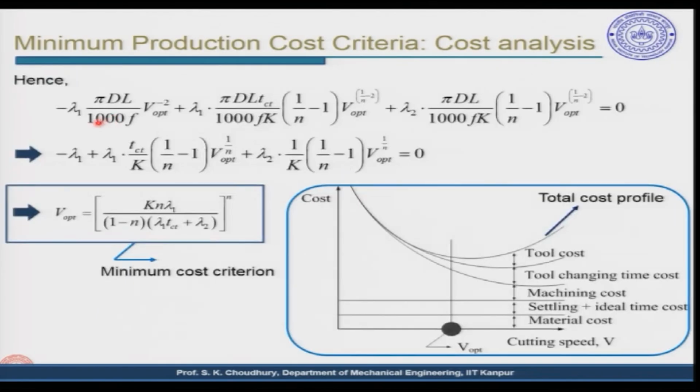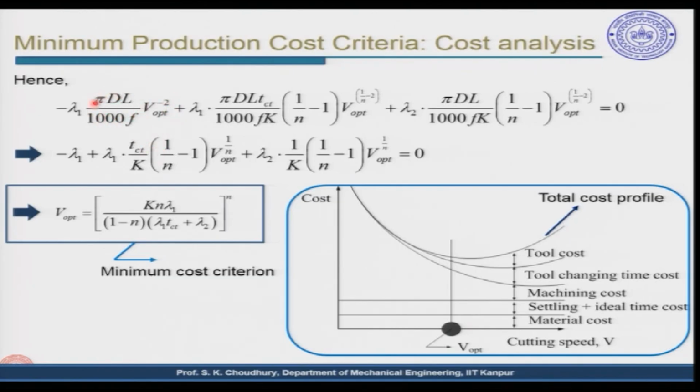So, then if we rearrange them and make them equal to 0, all the V velocities that we will be getting here are the optimum velocities, because we have taken the first derivative of this equation and we are equating it to 0. Therefore, we will write V optimum in all those cases, we will reorganize them, and since it is equal to 0, these terms will be cancelled, and we are getting minus lambda 1 from here, plus we are getting the common factor V optimum to the power minus 2.